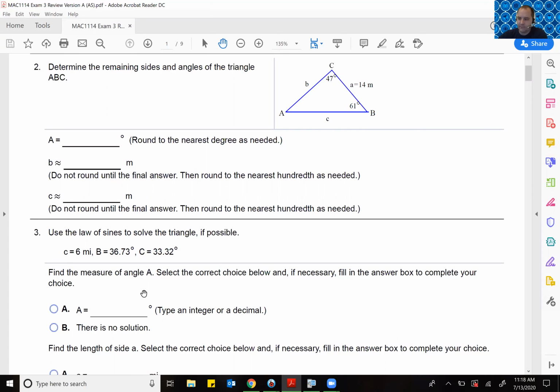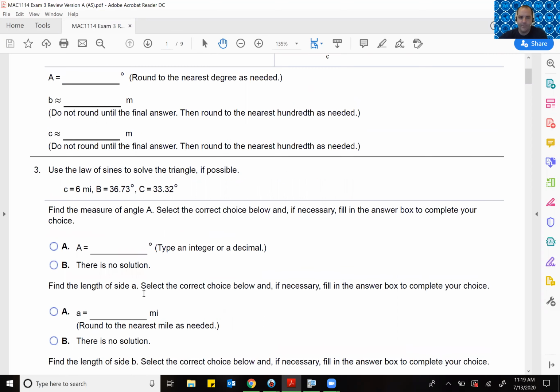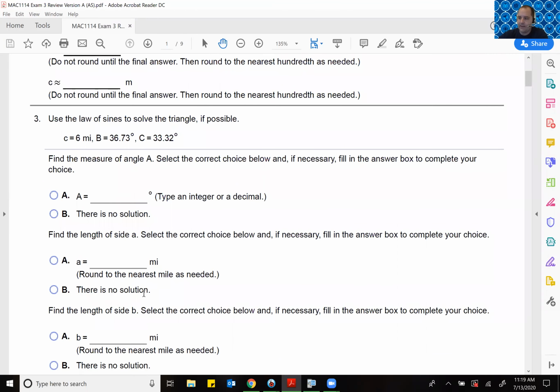So that's C. The little c is over here at 6 miles. And that means we're looking for the big A, the little a, the little b, C and B. And we know that B is 36.73 degrees and C is 33.32 degrees.